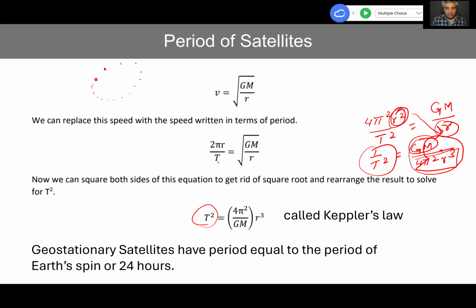So now, if we use period 24 hours, we can calculate how high the satellite has to be. So we put that satellite precisely at that point so that it is always stationary with respect to the Earth's surface there. So that's why the name geostationary satellites. Okay. So that's how these communication satellites are placed.